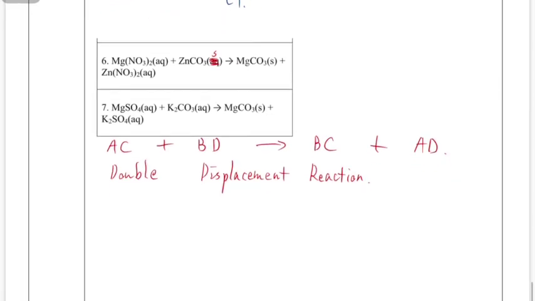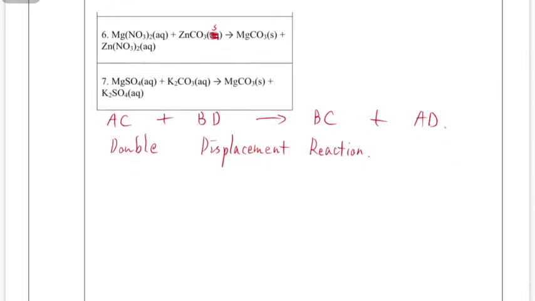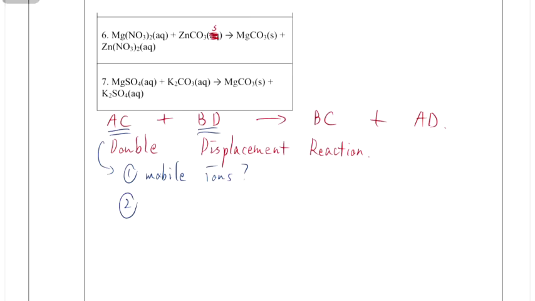But here, both of the salts need to be in either aqueous state or liquid state. Otherwise, they would not have mobile ions. Okay, so first you need to consider whether they have mobile ions. Okay, if yes, then it fulfills the first requirement.